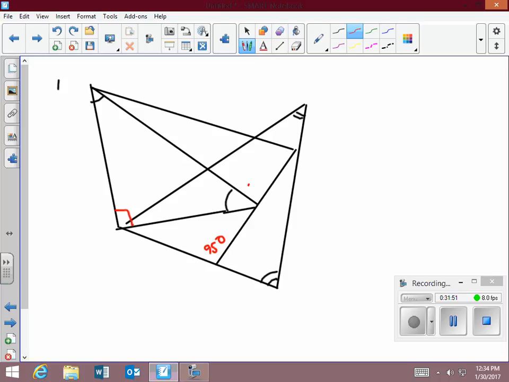That's 80, isn't it? This one they call E. They call this one B, 20 degrees. They call this one A. They call this one 65, right?